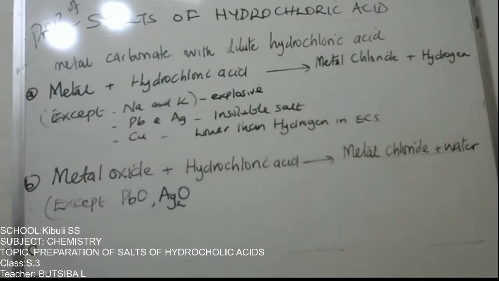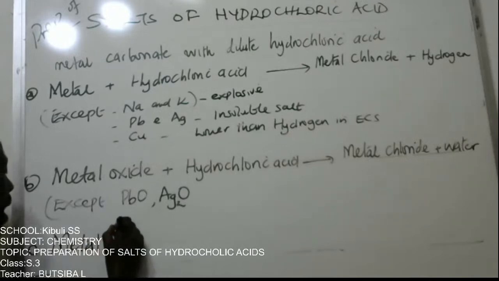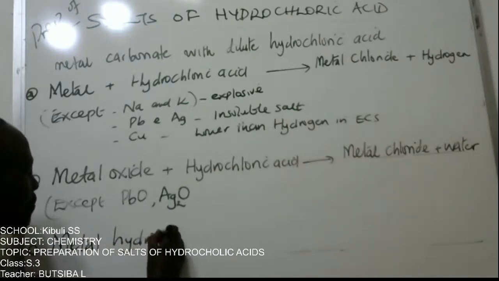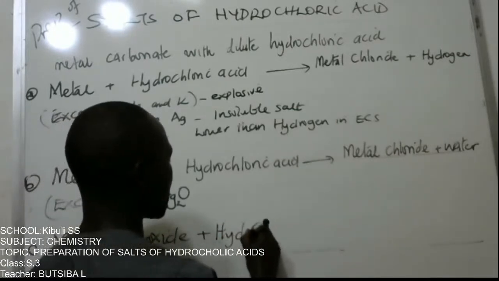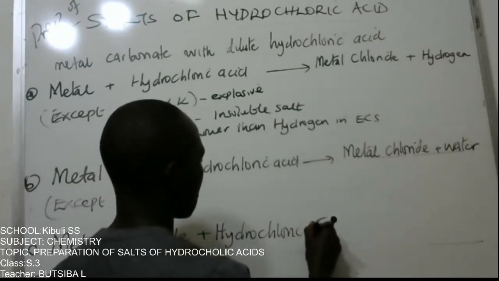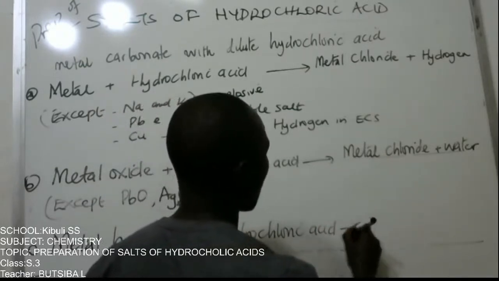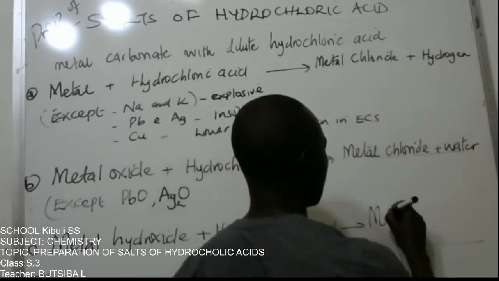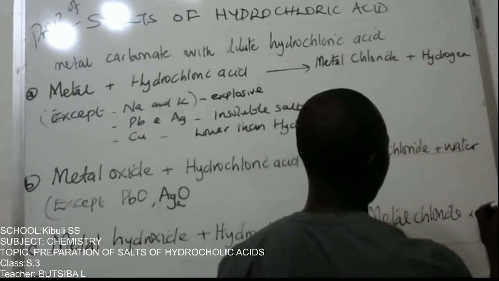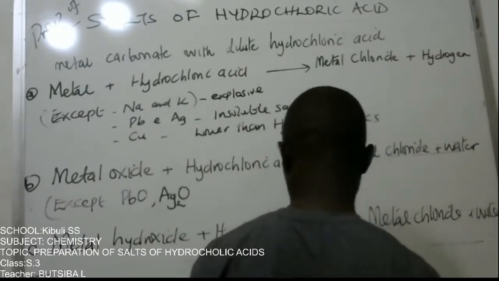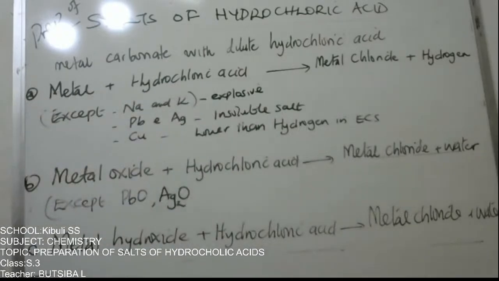So what do you think is part C? Metal hydroxide. So what are we adding? Hydrochloric acid. So what do we obtain? As above, we have a metal chloride and water. Exception? You can now get the exception alone.